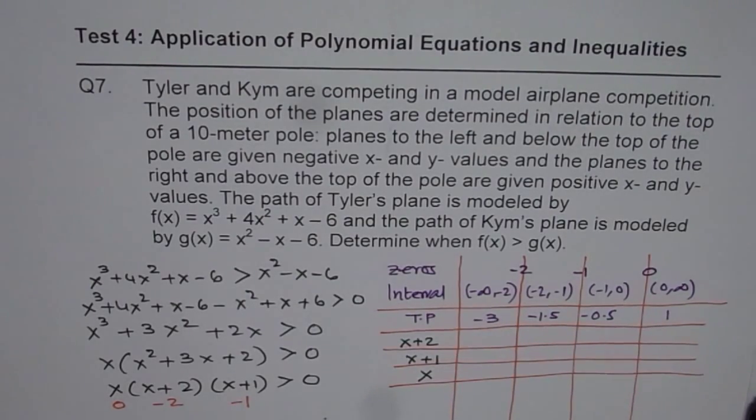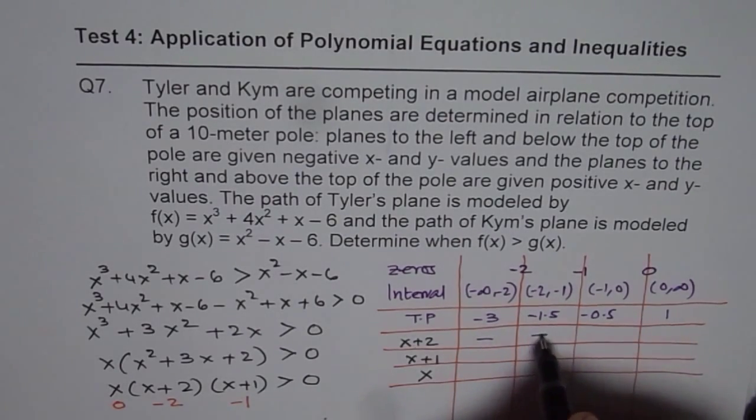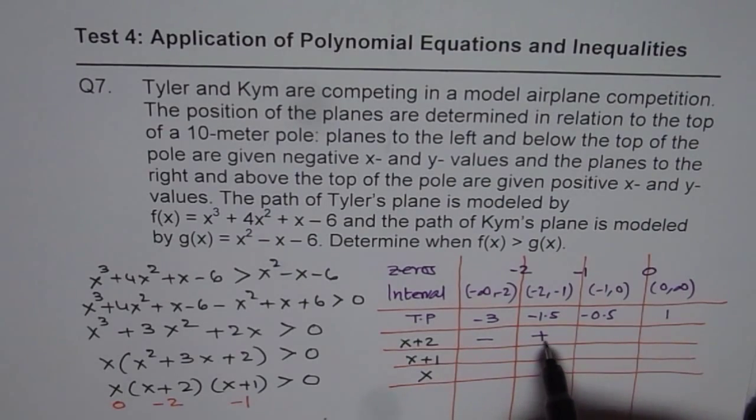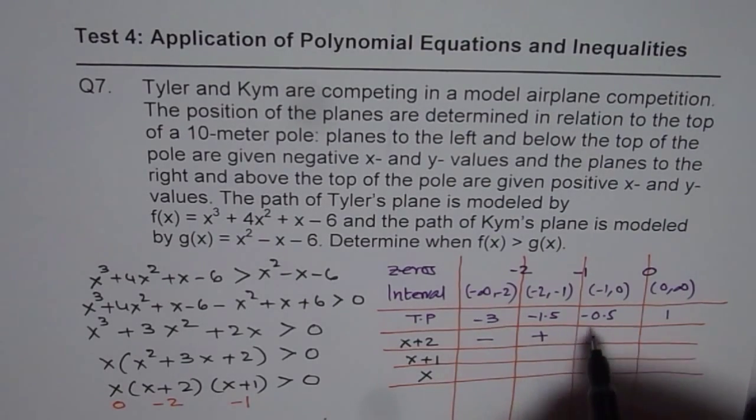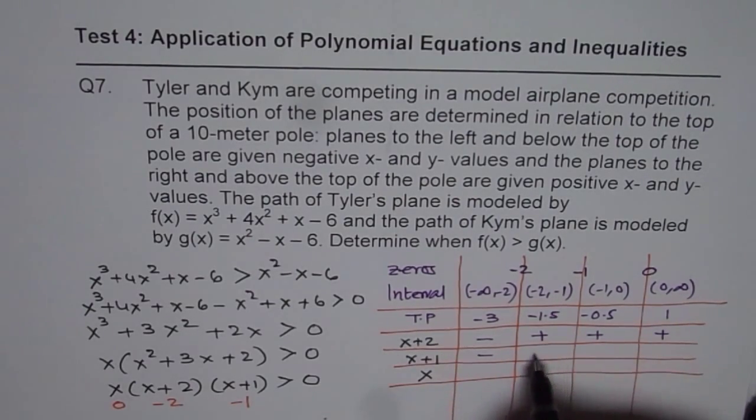Now, if I substitute minus 3 here, I do get a negative. Minus 1.5 gives me positive. We are not interested in the values, we are interested in the sign. Minus 0.5 gives us positive. 1 will give us positive. In this factor, minus 3 will give negative. That will give negative. These two will give me positive results. And for x, this is negative, this is negative, this is negative, and that is positive.